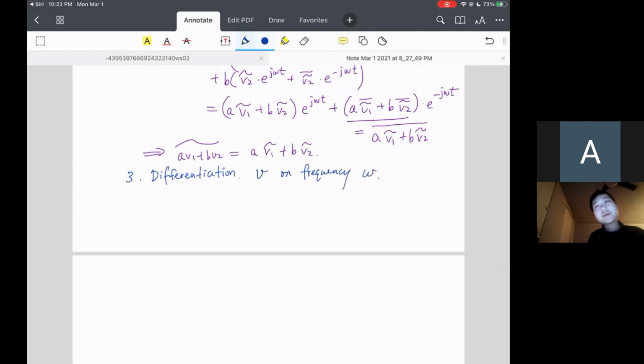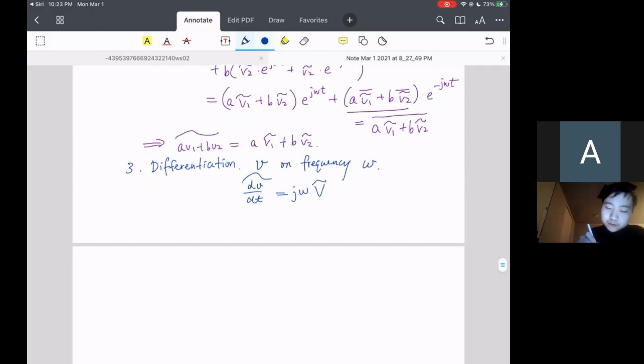Then dV dt must also be on the same frequency. It corresponds to some phasor representation, and we claim its phasor representation is j omega times V tilde, which is the phasor representation of the input itself.